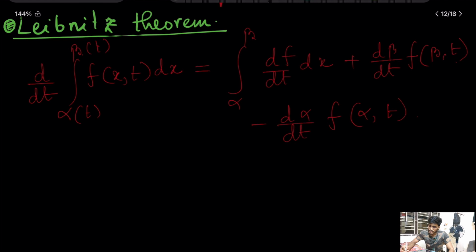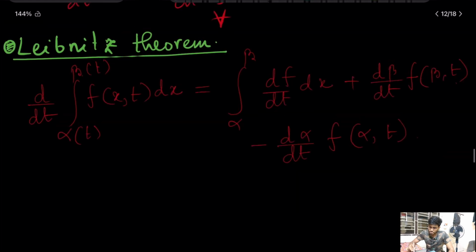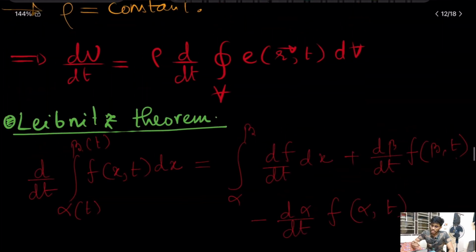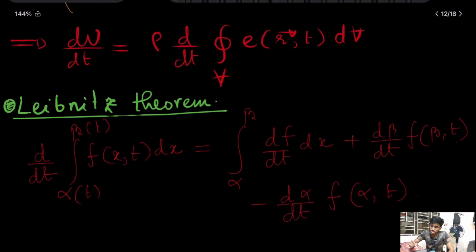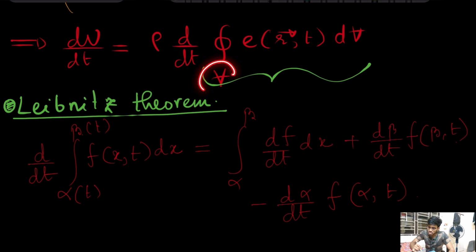Now you see here I have these limits. This one is a closed integral, right? So if I can say that my volume is not changing with time, then effectively these bounds of the integral are not changing with time.